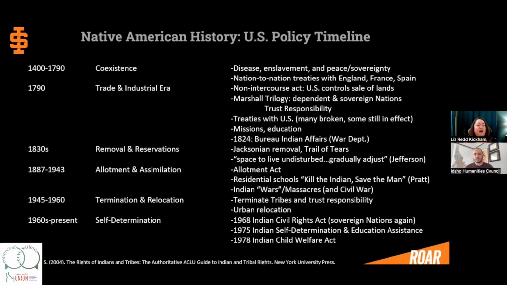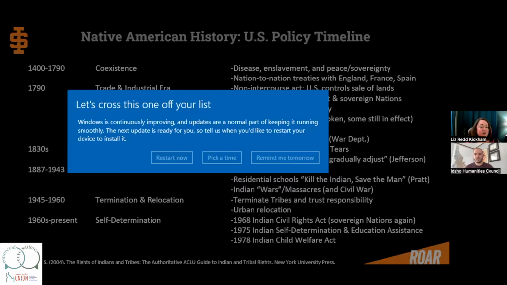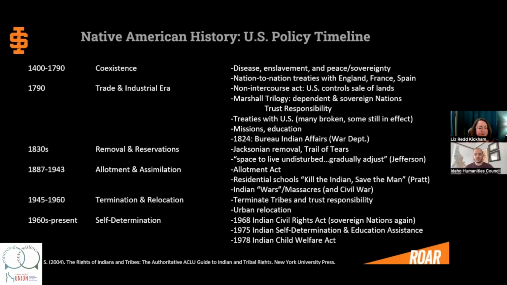And we get lots of treaties with the U.S. So no longer treaties with England, France, and Spain, but now with the U.S. We get the establishment of missions, and we get some Native nations inviting missionaries in to establish formal education systems. But we also get enforced education becoming the norm. And then in 1824, the Bureau of Indian Affairs is established under the War Department.